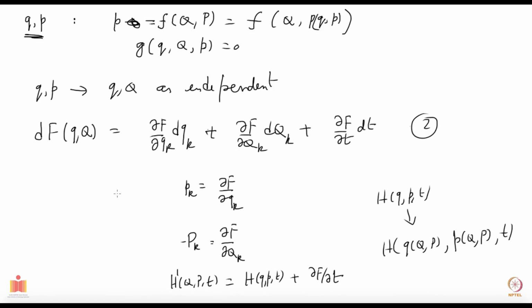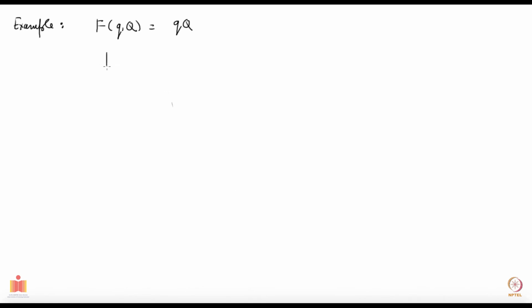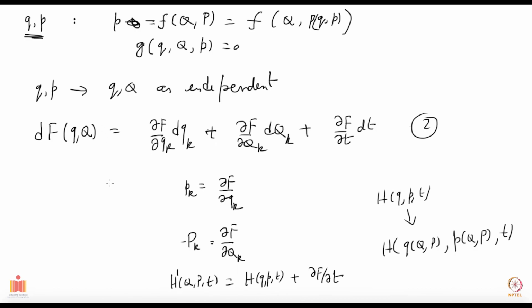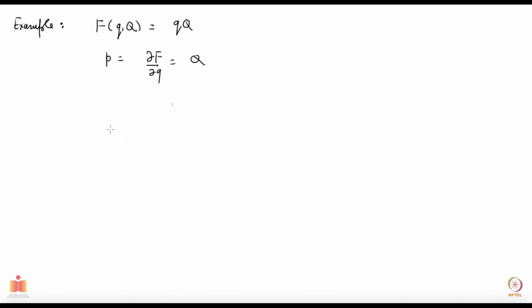Now what does my generating equations say. So the small p will be the derivative of the generating function with small q, which is capital Q. If I take derivative of this, I am left with only capital Q. And if I look at this equation, it says minus capital P would be a derivative of the generating function with capital Q. So minus the new momentum is the derivative of this with the new coordinate, and what is that?